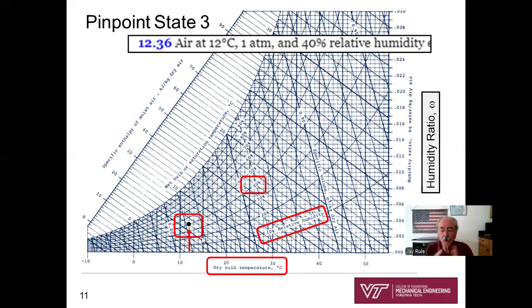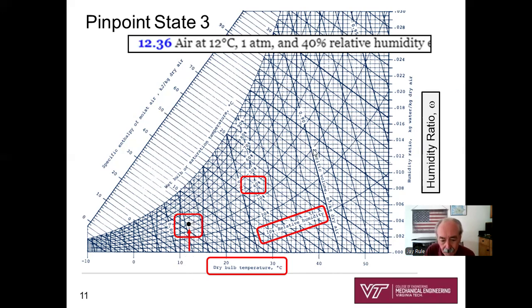Okay, here's what the first thing we do is we pinpoint our state with a dot. We've got atmospheric air at 12 degrees C, that's the dry bulb temperature, and 40 percent relative humidity. So we're going to go to 12, so at least we know we're on this vertical line here at 12 dry bulb temperature. And then where do we put the dot?